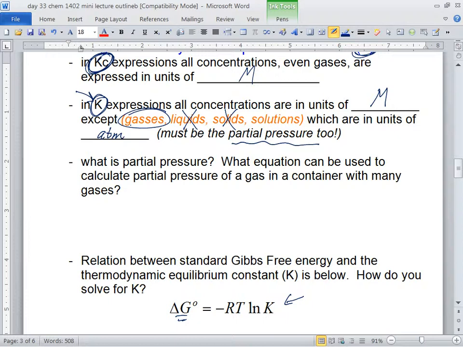So partial pressure. How do you calculate partial pressure? Andromeda, do you remember? What was partial pressure? You've got all these gases in a container, and they say, what's the partial pressure of one of these gases? What does that mean? Well, that's osmotic pressure.